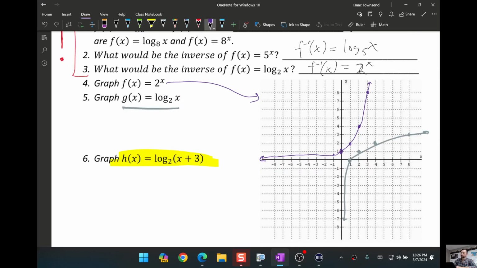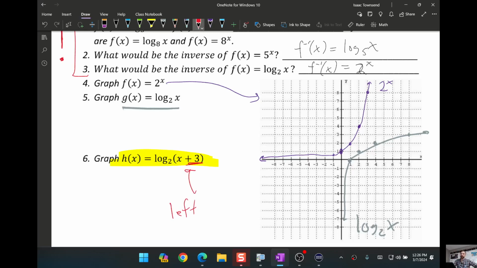And that quickly, we have an idea of what the logarithmic graph looks like before transformations. You don't have to know this for this one, but notice it has that line symmetry at y equals x. That makes them inverses. The last part would be just your standard transformation rules.